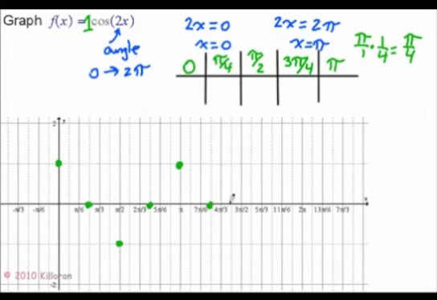So 1, 2, 3, and so forth and so on. And then if I go backwards, 1, 2, 3 will go down. So the graph of this is going to look something like this.